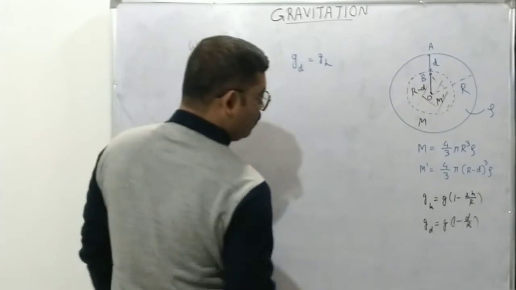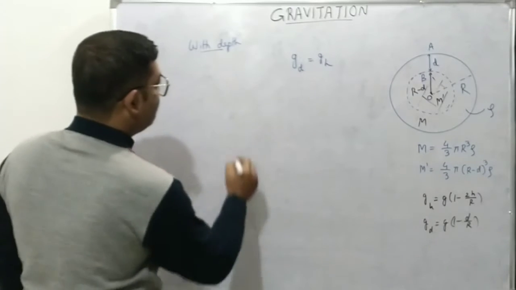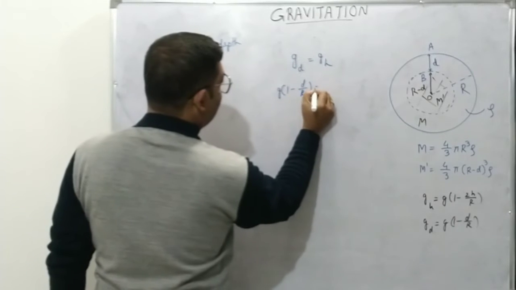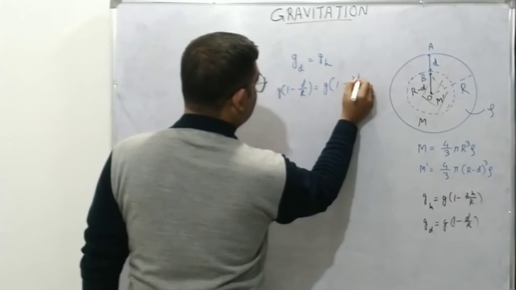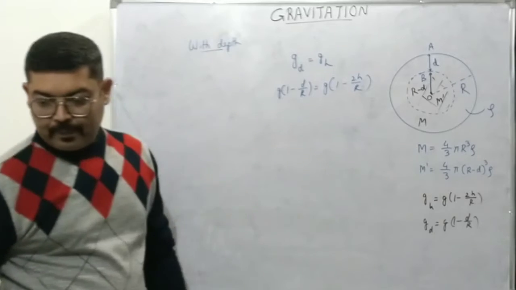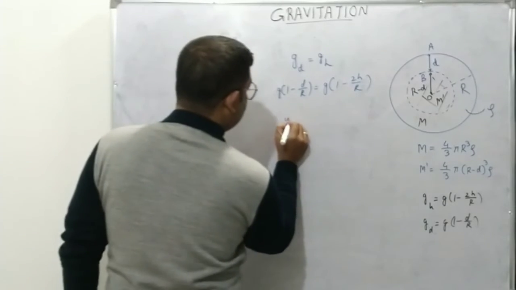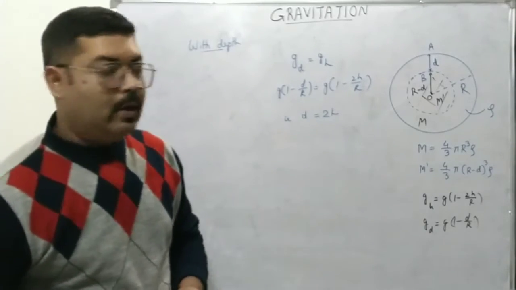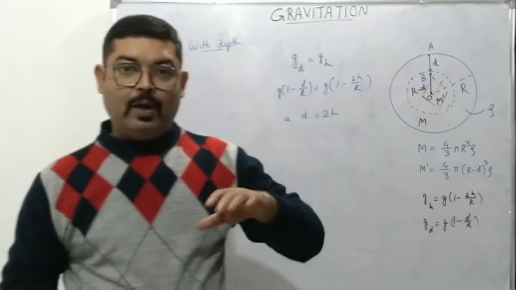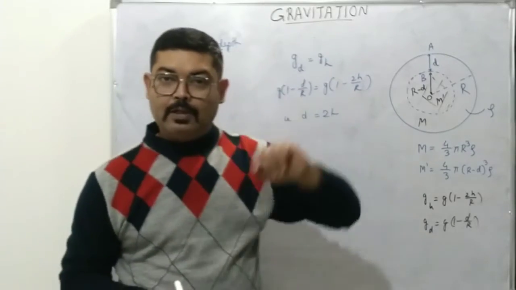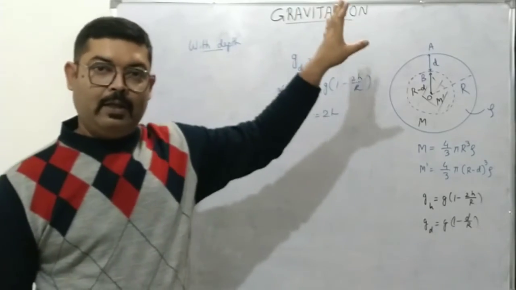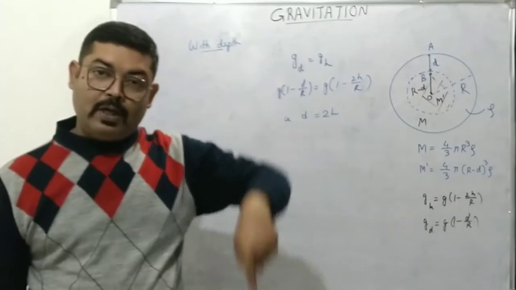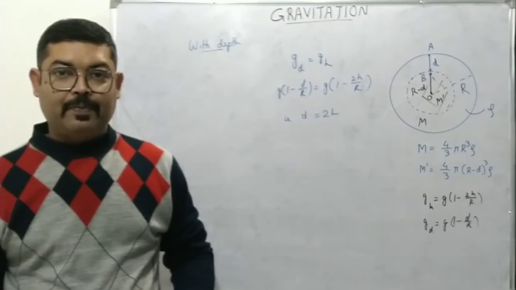So if I substitute these two values, we get g into 1 minus d by R equal to g into 1 minus 2h by R. That is to say d equal to 2h. So if I go 100 meter above the Earth's surface, to have the same acceleration due to gravity, I have to go 200 meter below the Earth's surface. Okay.